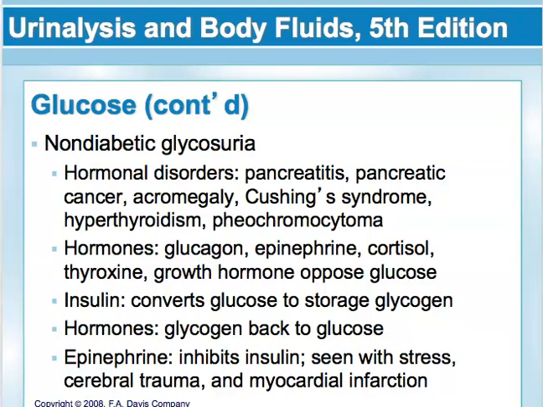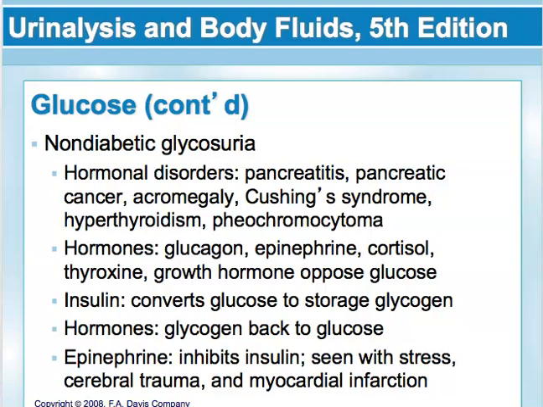Hyperthyroidism, pheochromocytoma, which is another type of tumor in the nervous system. These are associated with the hormones glucagon, epinephrine, cortisol, thyroxine, and growth hormone. So these hormones are increased in these disorders, and they work in opposition to insulin. So this leads to hyperglycemia and glycosuria.